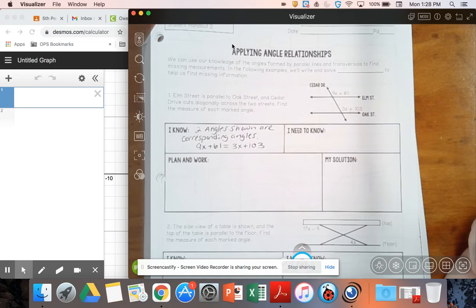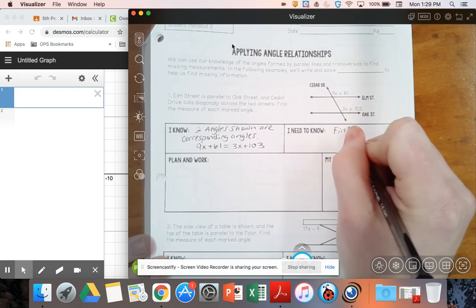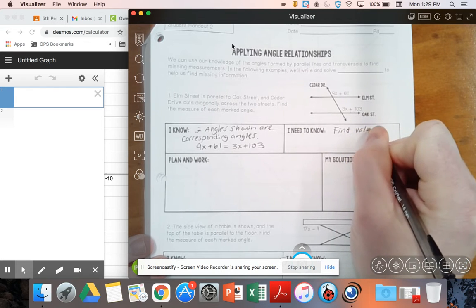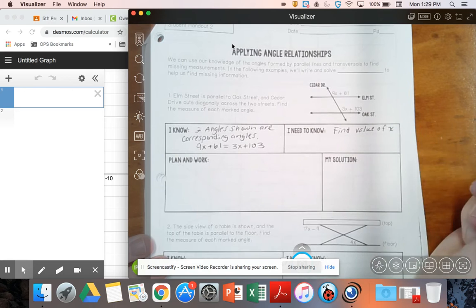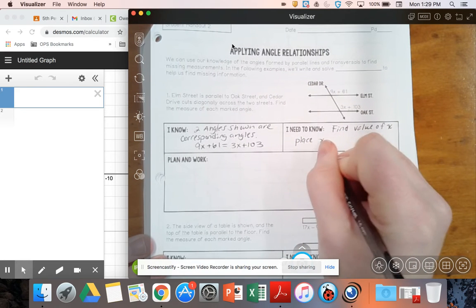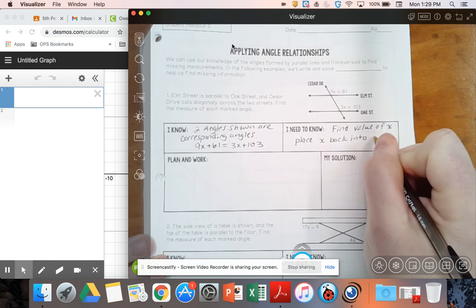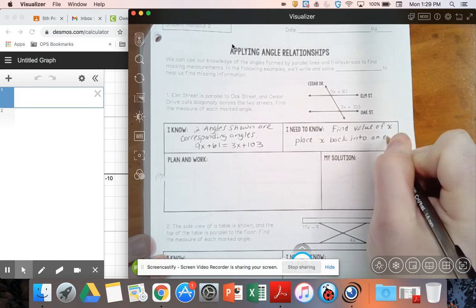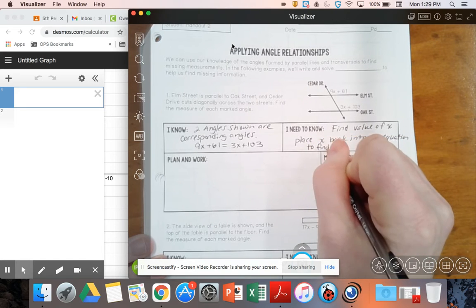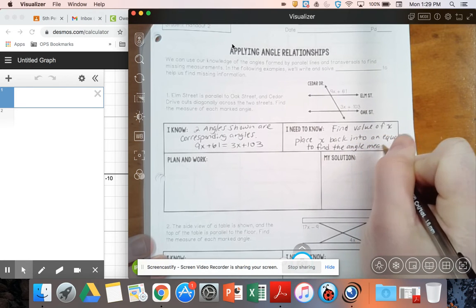Okay? So what I need to know here is I need to find the value of x, or solve for the value of x. And then I need to place x back in to an equation to find the angle measure.